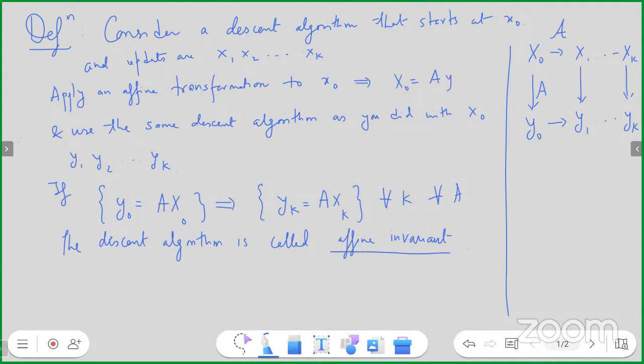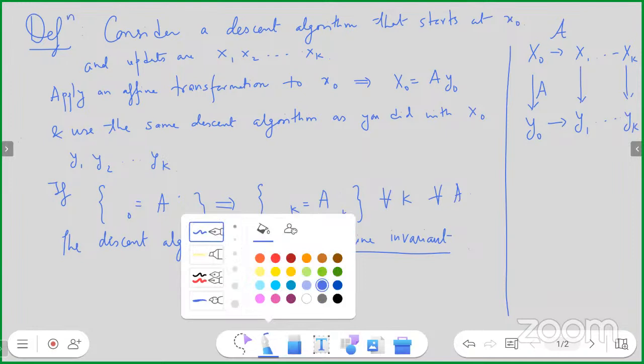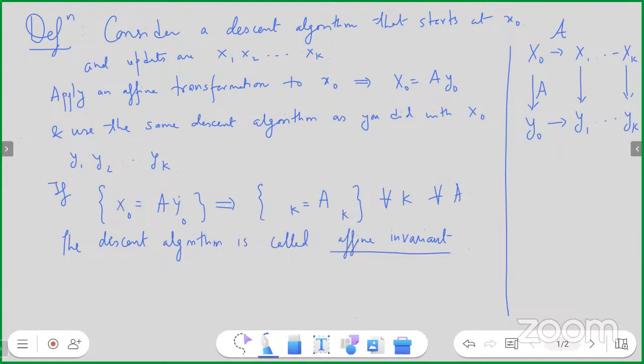X0 is equal to AY0. All right, so look at A inverse here.